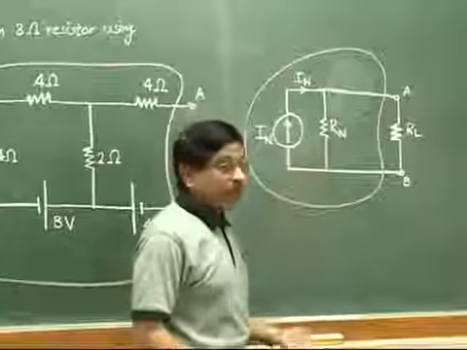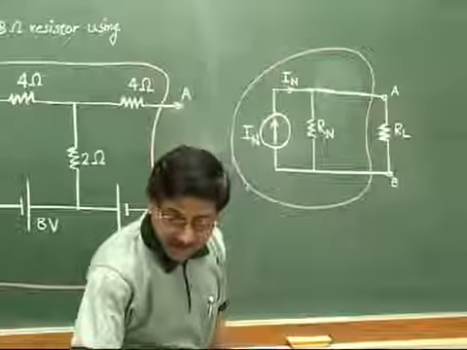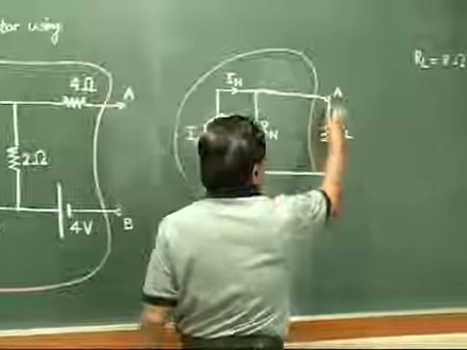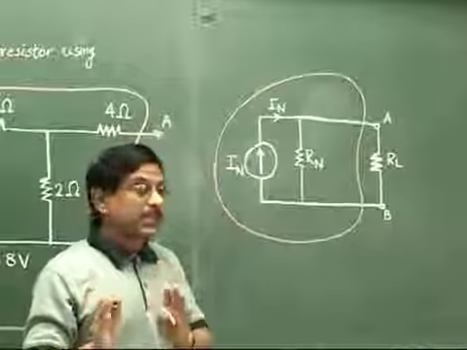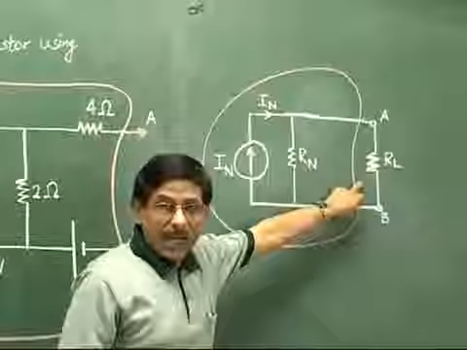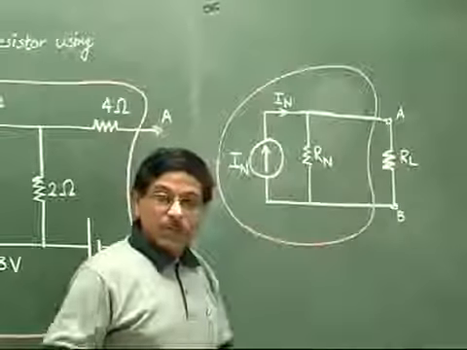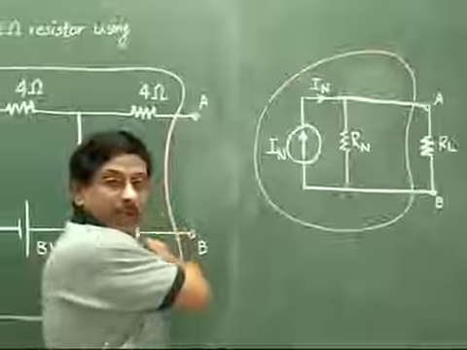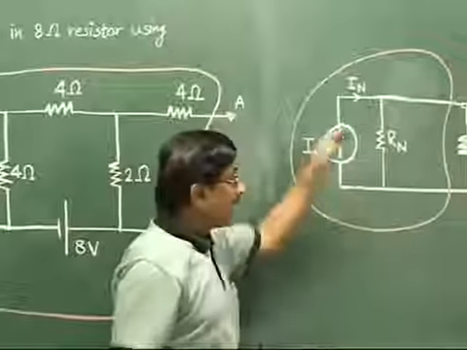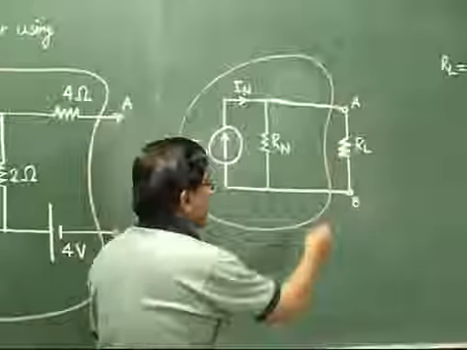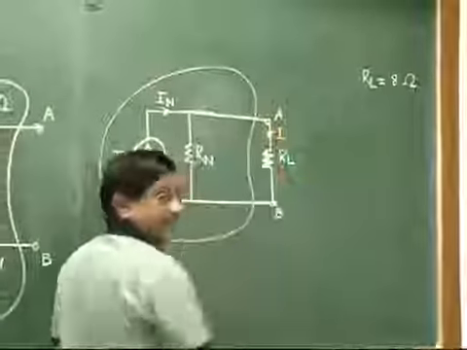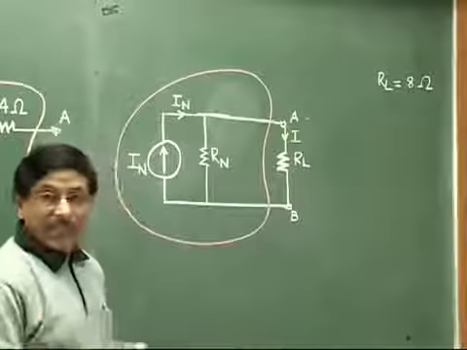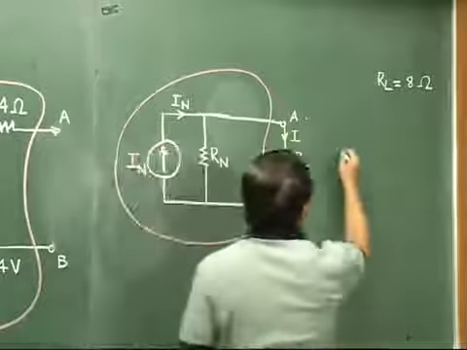The simple formula would be, if we just denote this current I, because what is our final job? Our final aim is to calculate current flowing through this RL in the given circuit. So what we have done? We have converted the given circuit into equivalent one like this, and then if we say that the current in load resistor is some current I, then we can simply write this I as what?